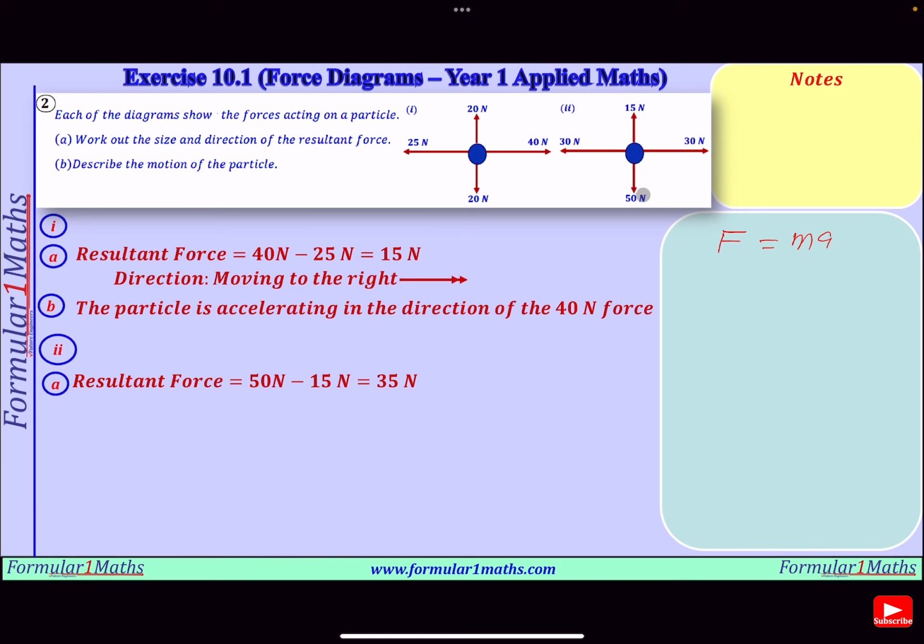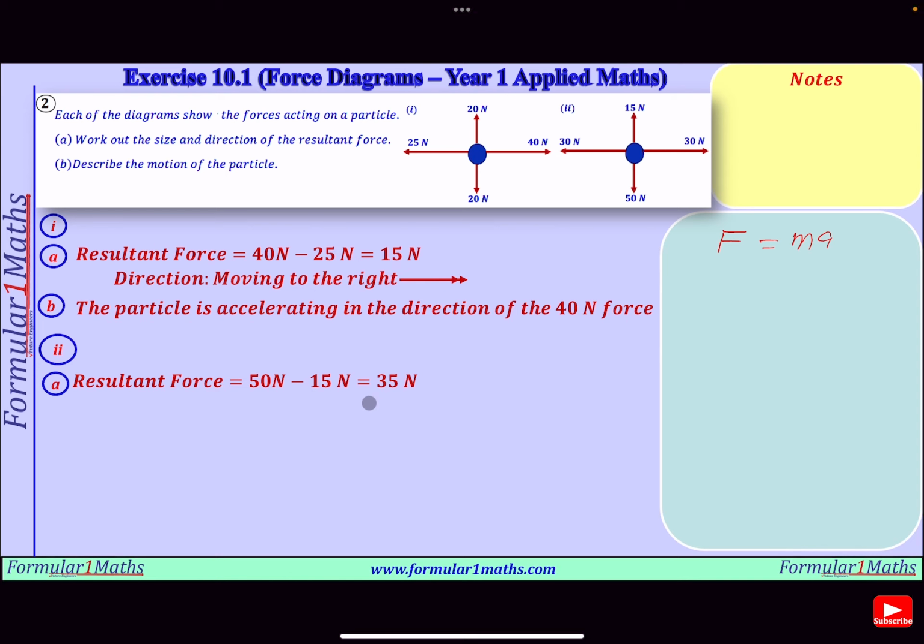Looking at the second particle, we can see that for the horizontal direction, the particle will not move to the right nor to the left because the forces are the same. A 30 newton force to the right and a 30 newton force to the left. But looking at the vertical motion, we see that the force acting downwards is 50 newtons and the force acting upward is 15 newtons. That means there is a resultant force acting downwards, which should be 50 minus 15, and that gives 35 newtons.